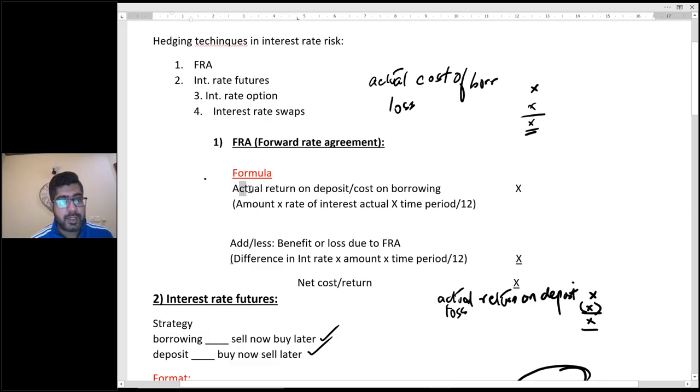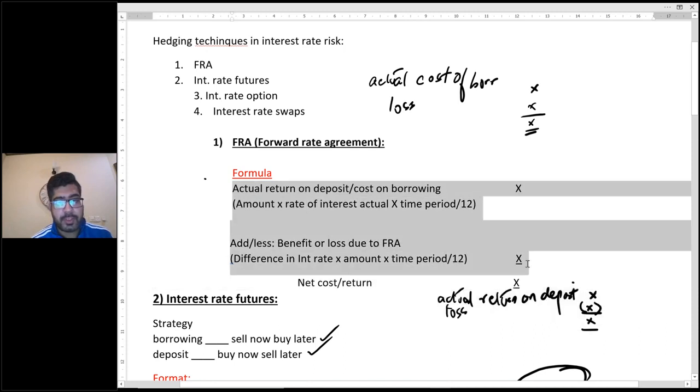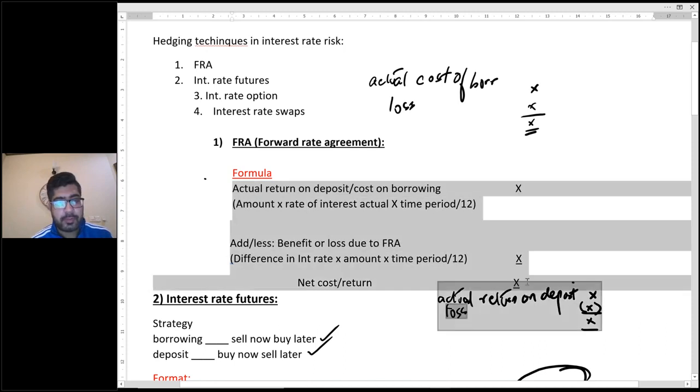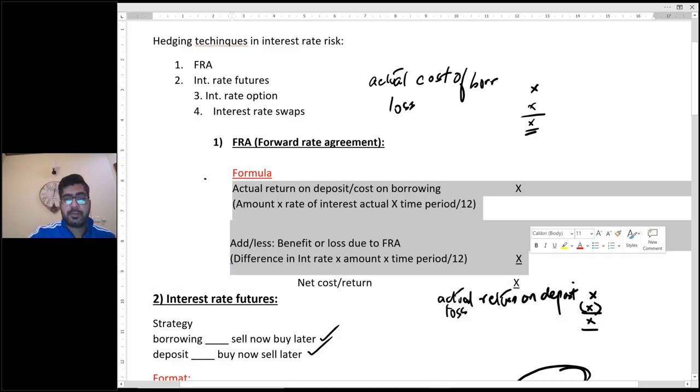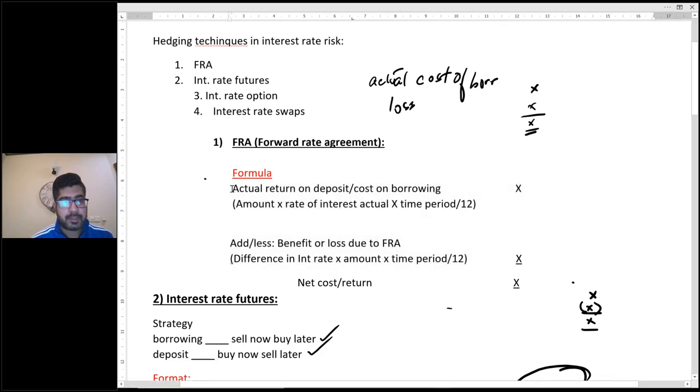You firstly need to write actual return on deposit or actual cost of borrowing, and then you need to write benefit or loss due to FRA, so that you get the net answer.